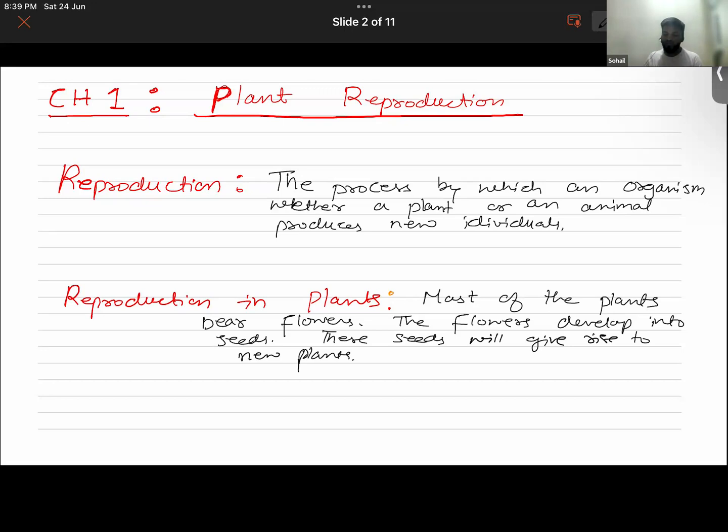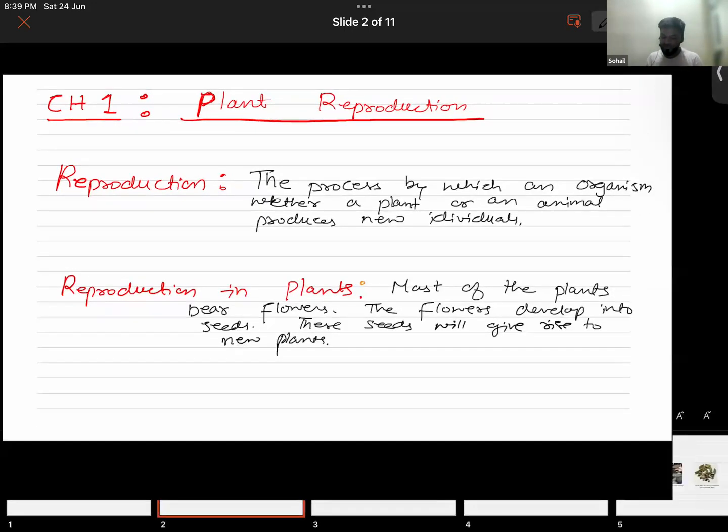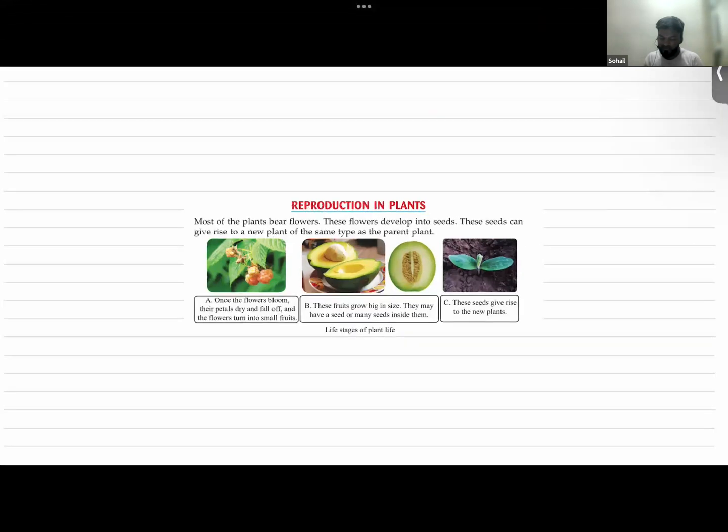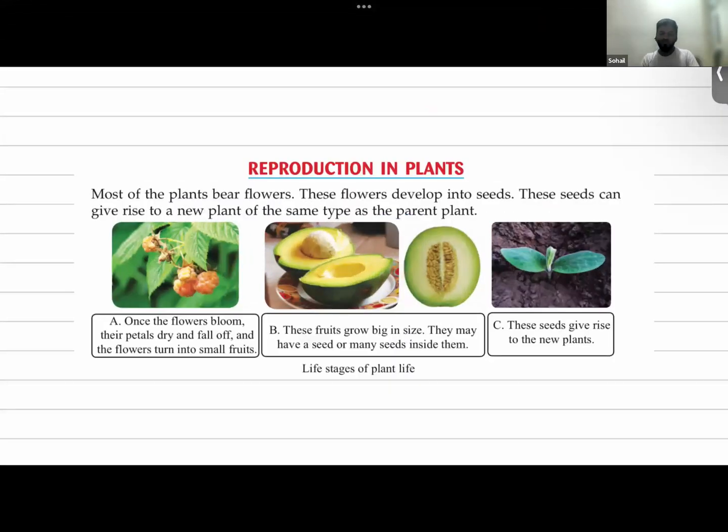So we have got various types of seeds. For example, see this figure. These are the different types of seeds. Most plants bear fruits, and these flowers will develop into seeds. See the second figure or the third figure here. What do you observe here?